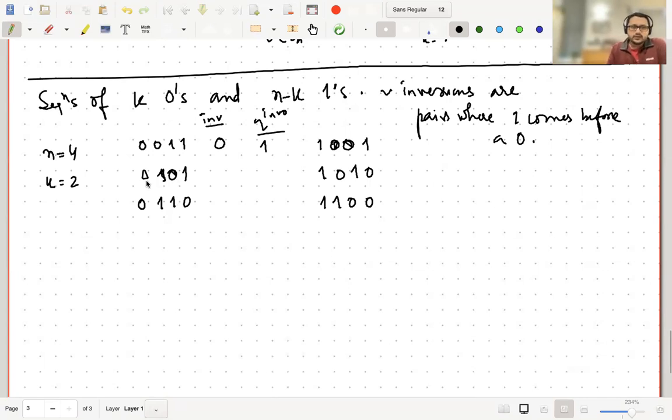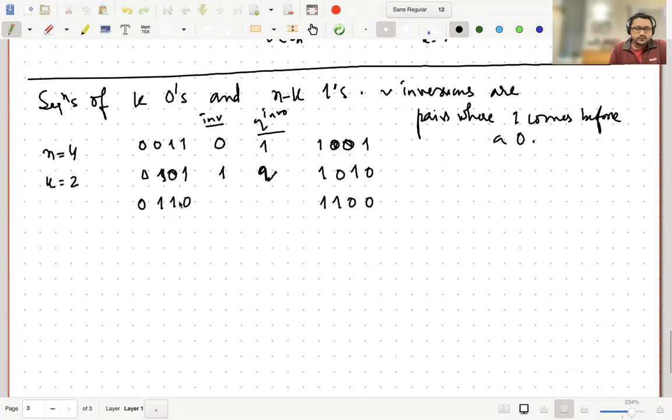For 0 1 0 1, if we look at all the pairs, there is 1 0, so we have a 1 appearing before a 0. The number of inversions is 1, and the q power is q.